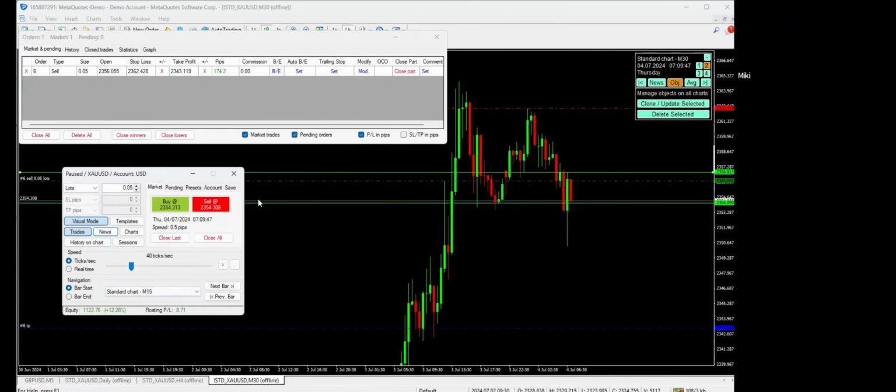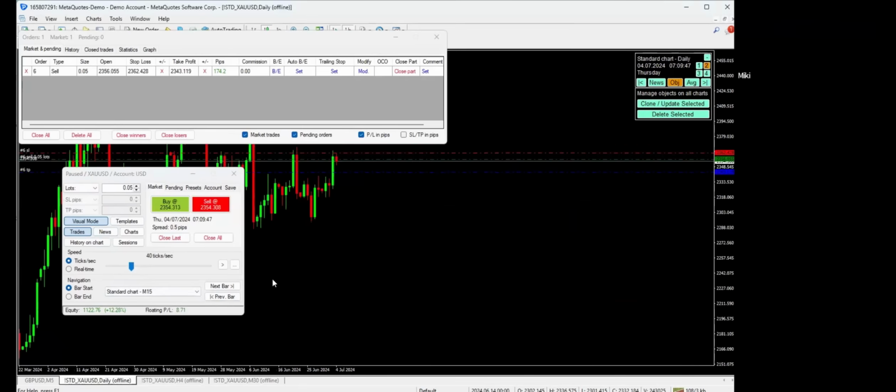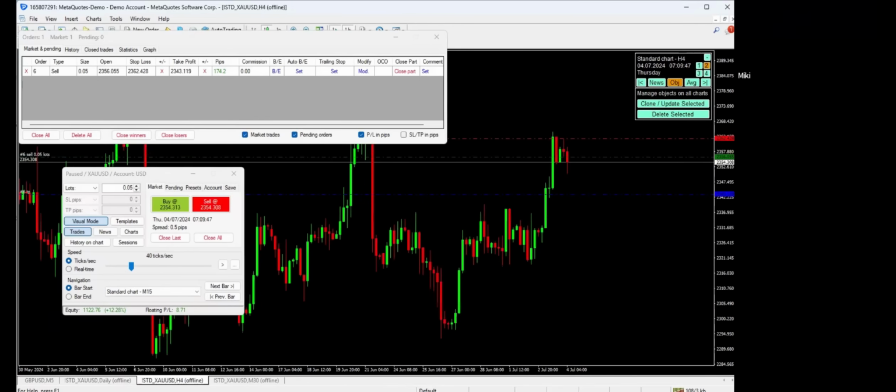That's why it's so fresh that it's Independence Day. All right, where was I at? Pair, da da da. Okay, do this quickly. Daily is bearish. 4 hour is bearish. Another retest.